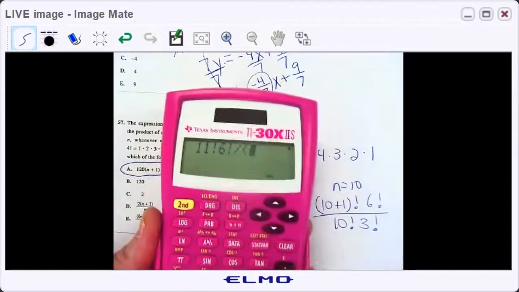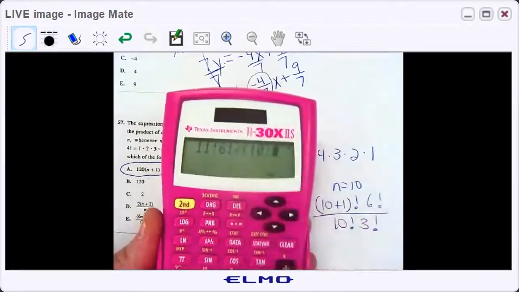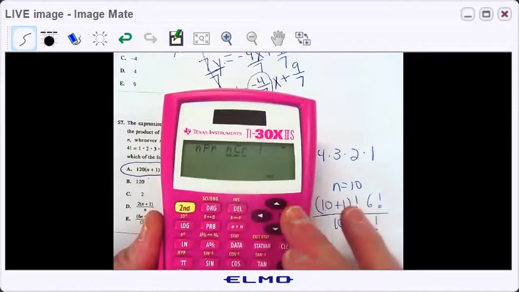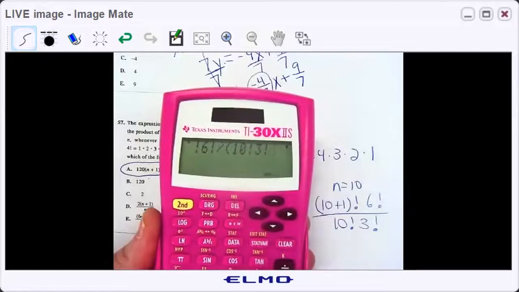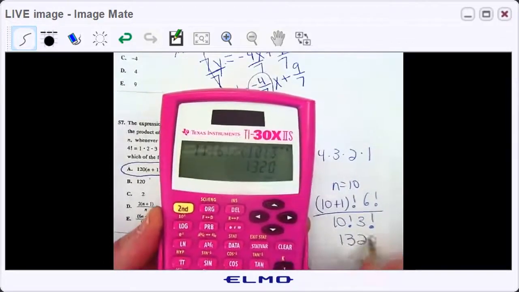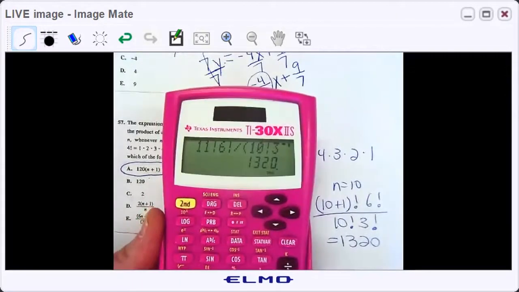You are going to have to put parentheses around the bottom, 10 factorial, and then 3 factorial. I didn't close my parentheses, but it still worked. You really probably want to close your parentheses there just to be careful. But that gives you a value of 1,320.